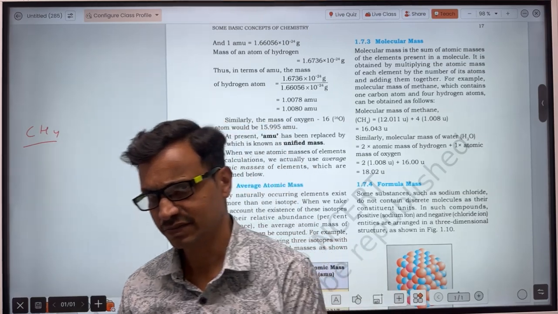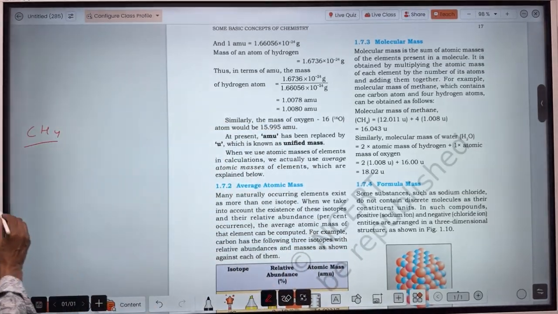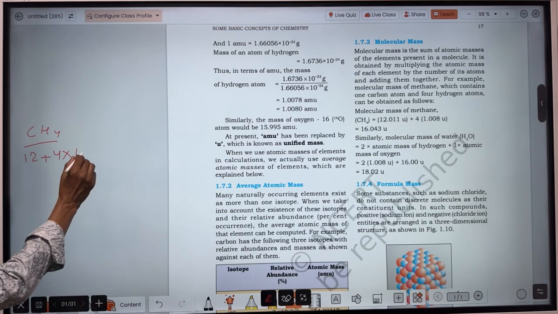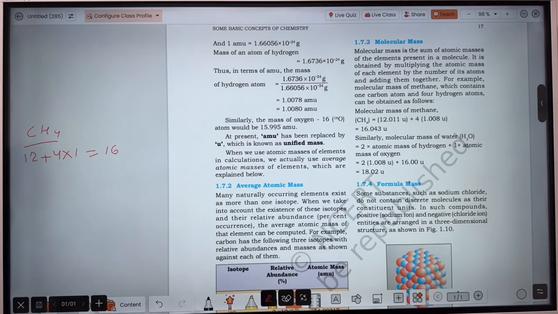So the molecular weight will be the atomic weight of carbon, 12, plus 4 hydrogen, where the atomic weight of hydrogen is 1. So it will be 16.